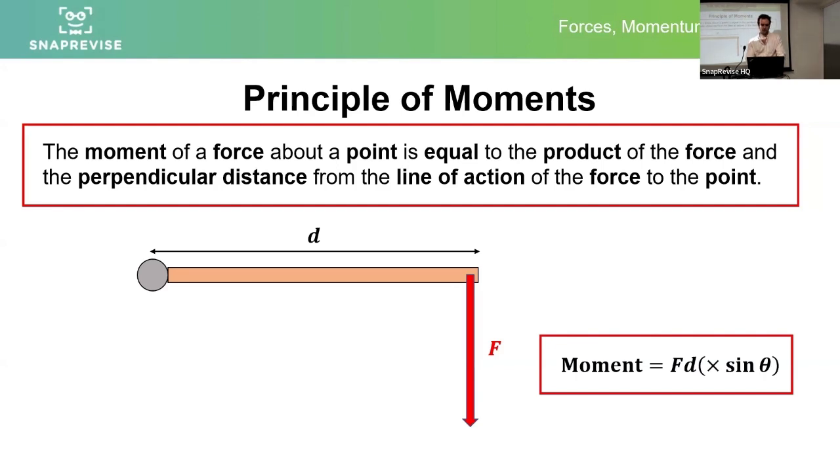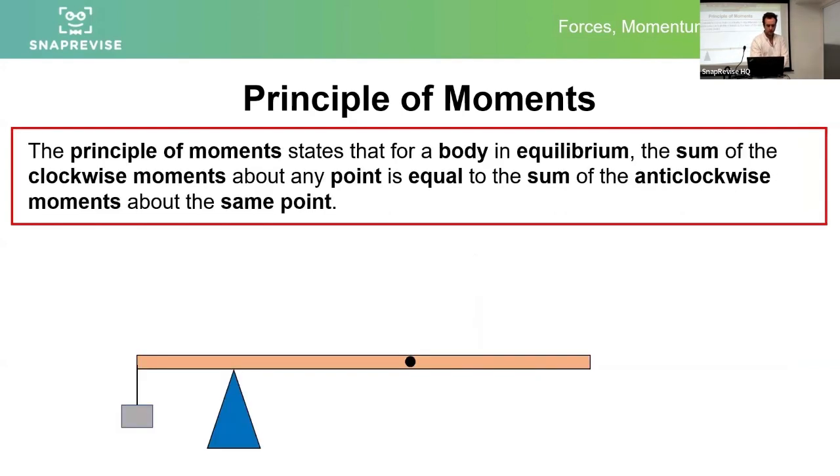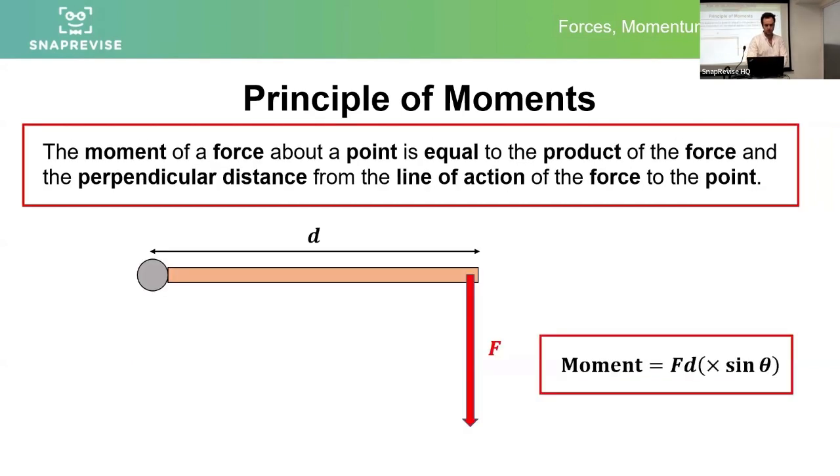Now, that's all well and good if the force is perpendicular from our pivot down here. But if it's not, say the force was at an angle here, you would of course need to take the components of that. We've written F d sine theta.